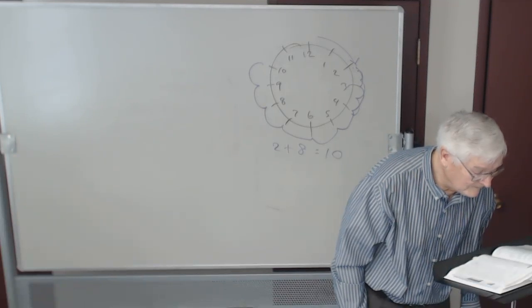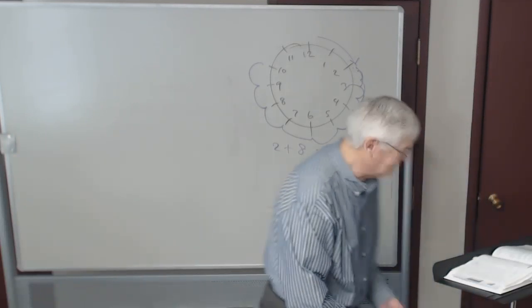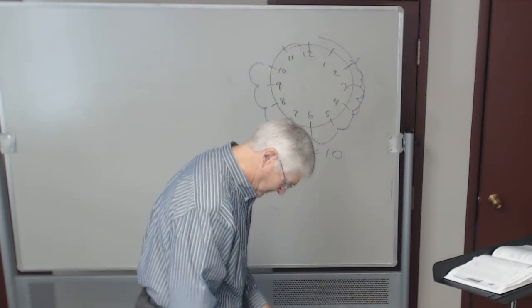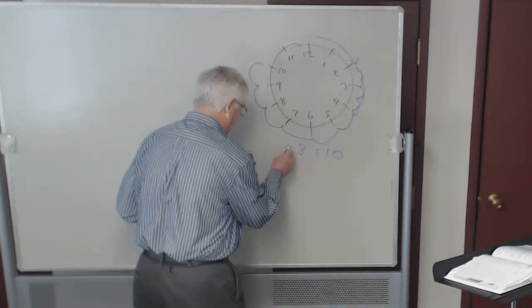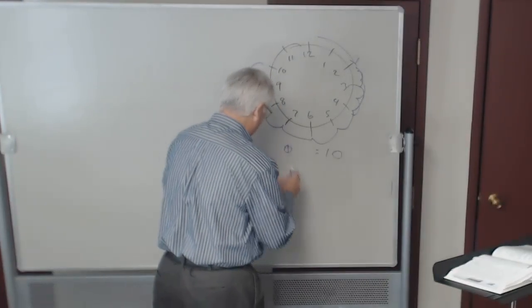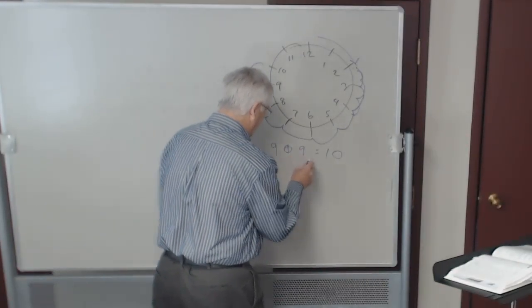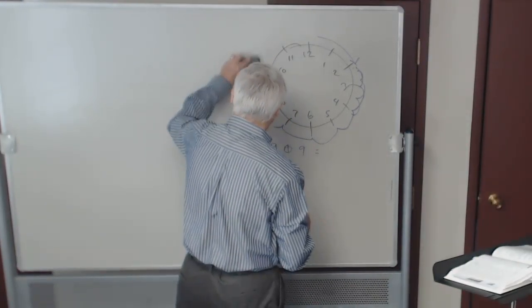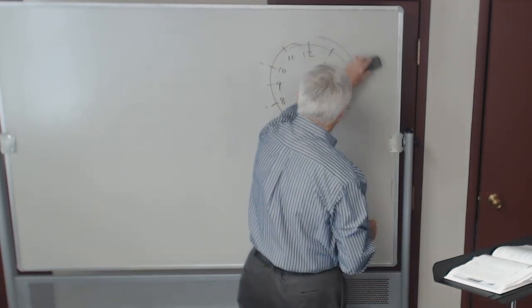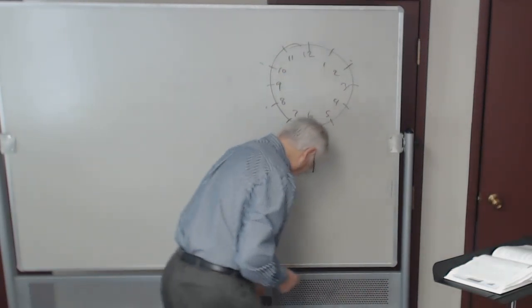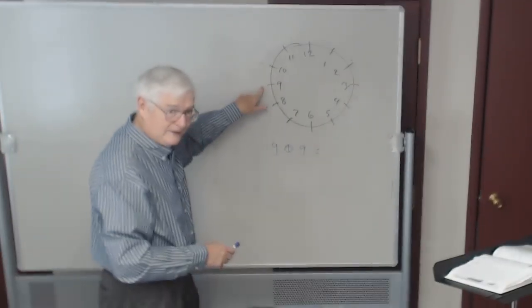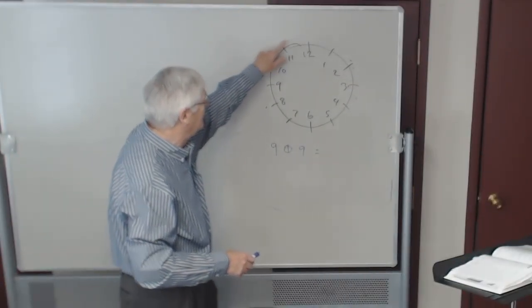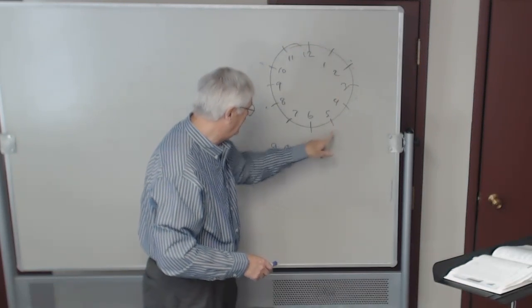Let's do number 6, 9 plus 9. And they put plus in a circle because it's clock arithmetic. If I did what I just did here, I would go all the way around to 9 and then go 1, 2, 3, 4, 5, 6, 7, 8, 9.